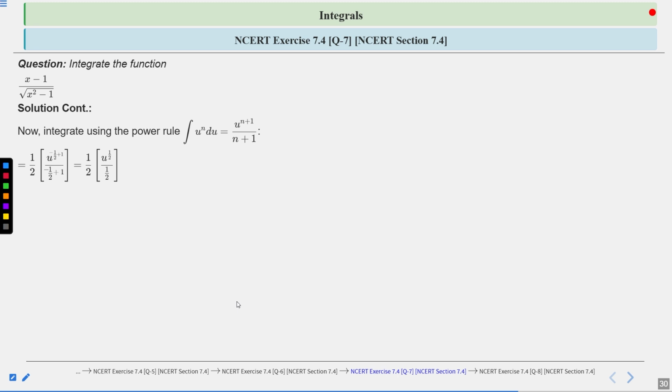Which will be equal to 1 by 2 into 2u to the power 1 by 2, which will be equal to u to the power 1 by 2, which is equal to root u, right?